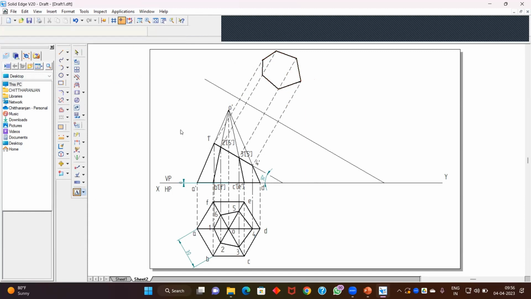Give the names for that. 1 double dash, 2 double dash, 3 double dash, 4 double dash, 5 double dash, and this is 6 double dash.